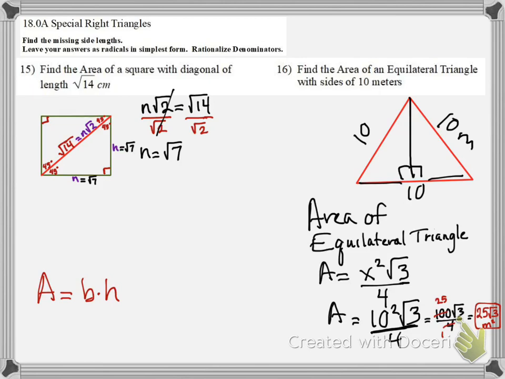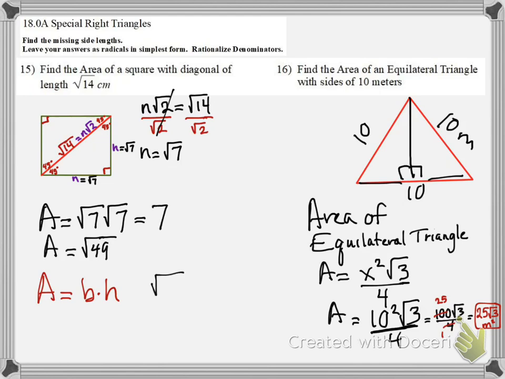So if the formula for the area of a square is the base times the height, I'm going to do root 7 times root 7. And if you wanted to write down a step that says root 7 times root 7 is root 49, you could do that. But it's not required because by this time we should know root 7 times root 7 is going to be plain 7.